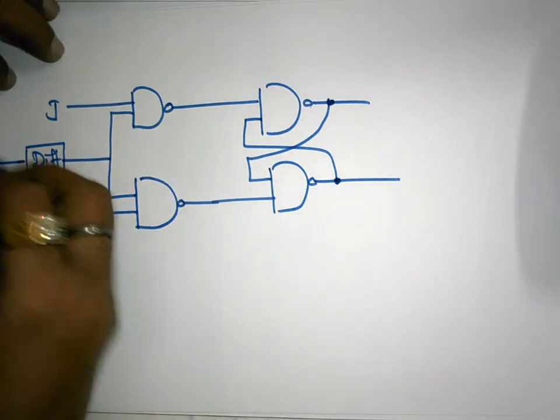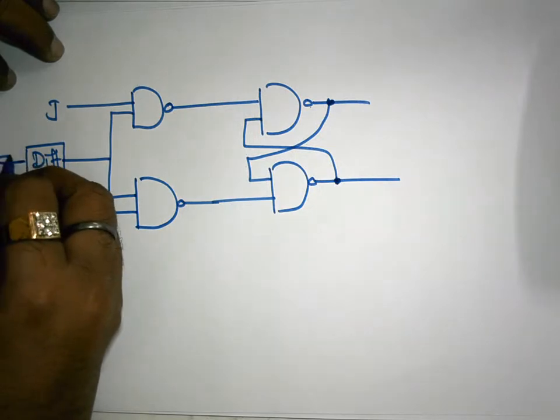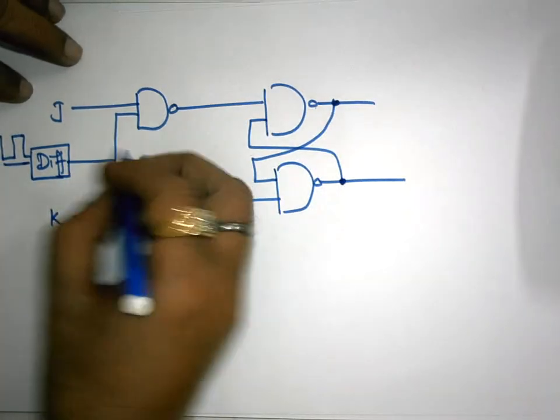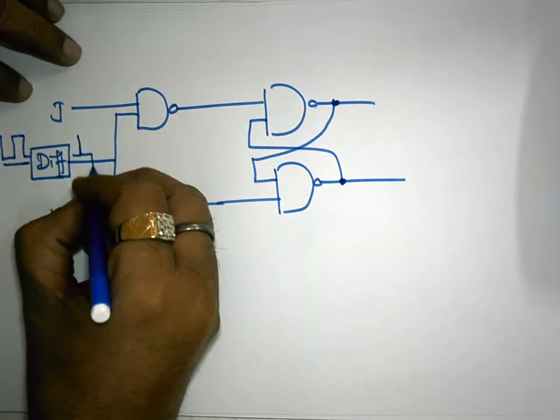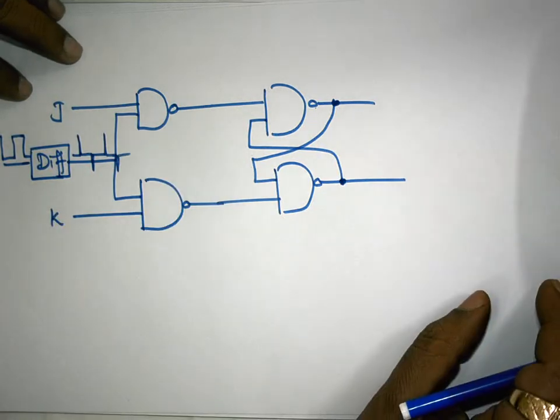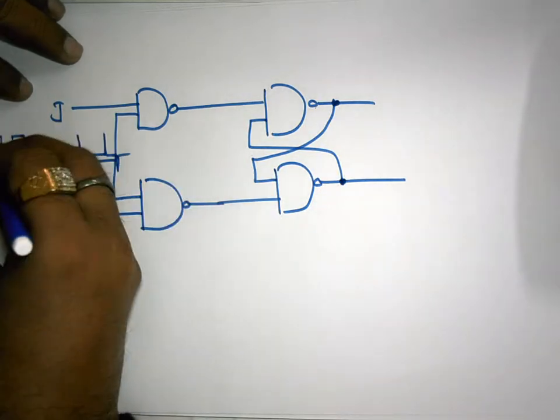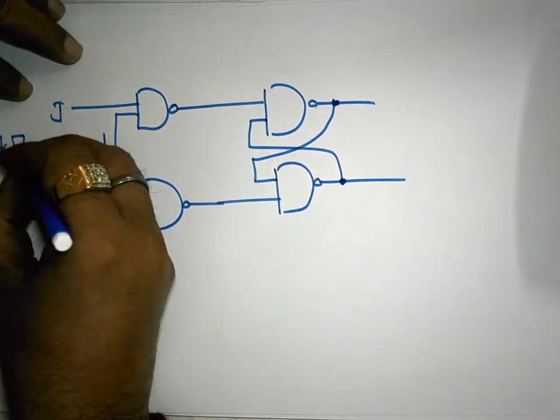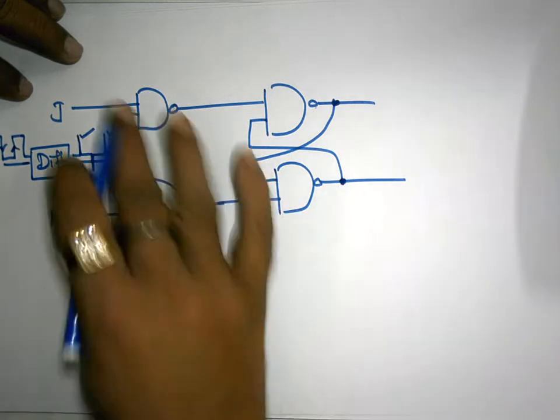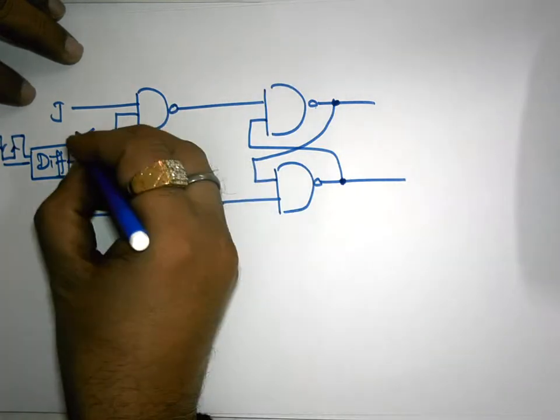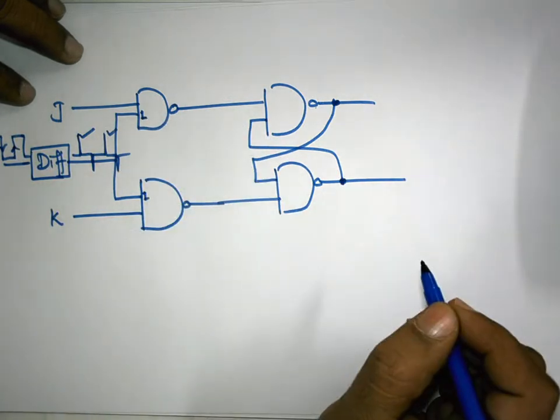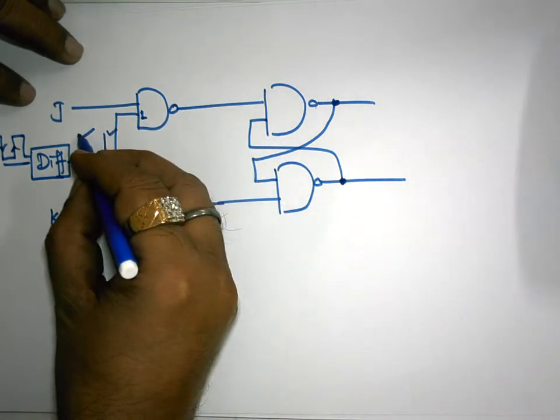At the input of this differentiator circuit, we give the level clocking, but at the output of this differentiator, what we obtain are these spikes. We obtain these edges, and only on these positive edges can this circuit make any change, because only for this moment does a 1 appear at this point, only for this short duration.